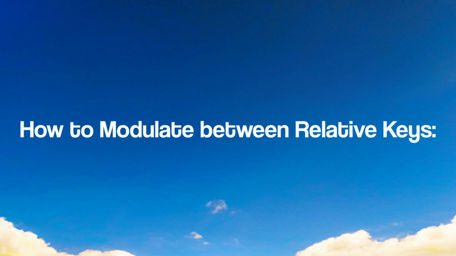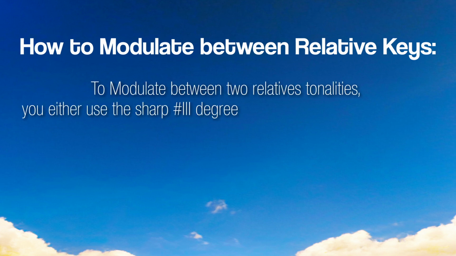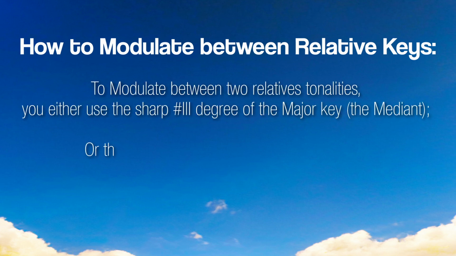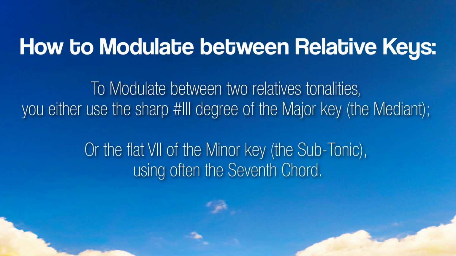How do you modulate between the major key and its relative minor? To modulate between two relative tonalities, you either use the sharp 3rd degree of the major key, the mediant, or the flat 7th of the minor key, the subtonic, often using the 7th chord.